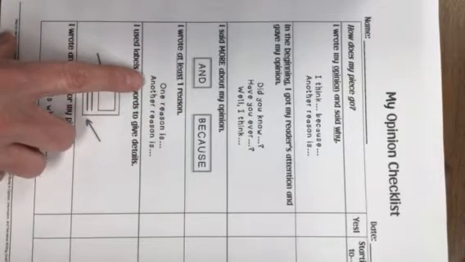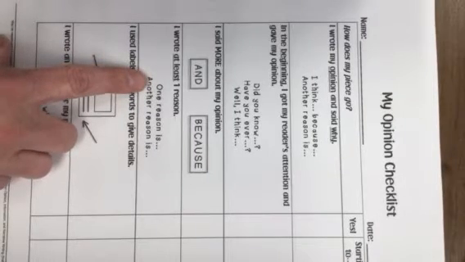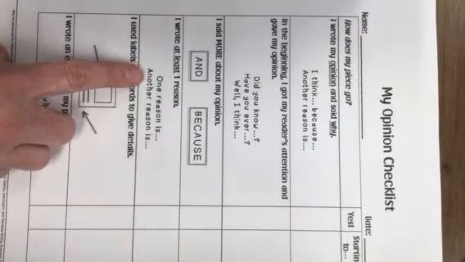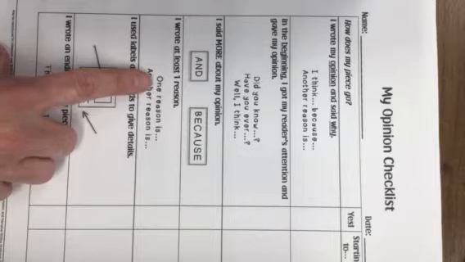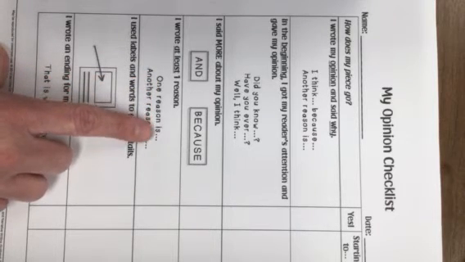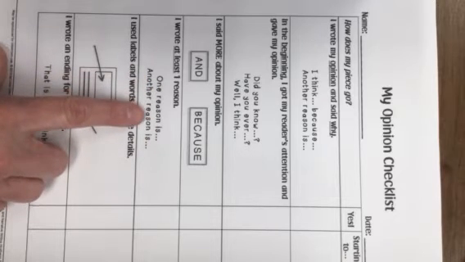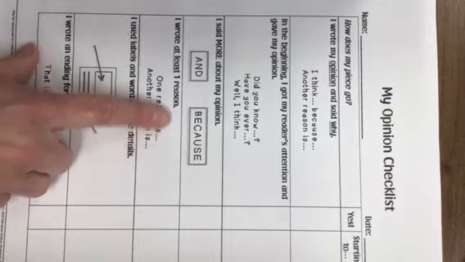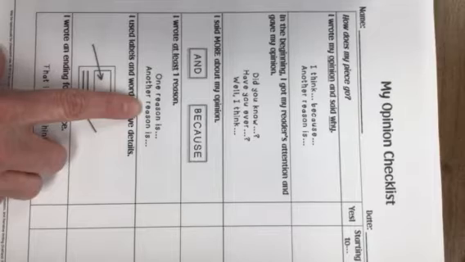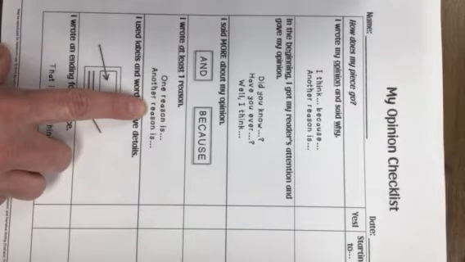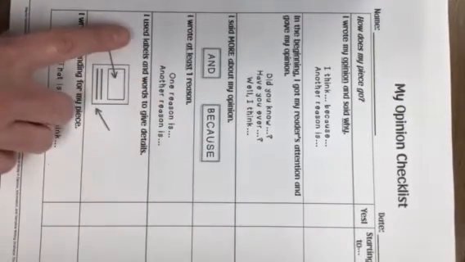We talked about yesterday how it's important to even have more than one reason, but you definitely have to have one reason to support your decision or your choice. So you might use these words: one reason is, another reason is. Those again are just some words that can help you tell more about your topic.